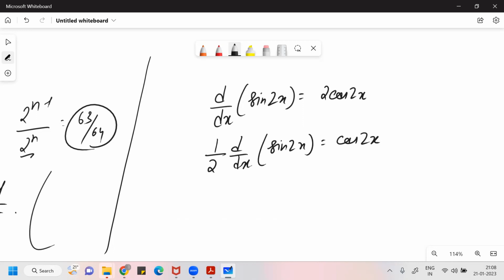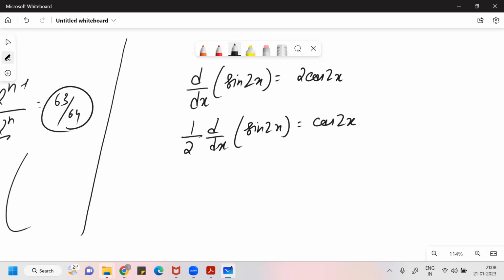Now this idea you please understand, that a constant can easily get into and go out of this part. So I can write the same thing as d by dx of sine 2x by 2 is equal to cos 2x.